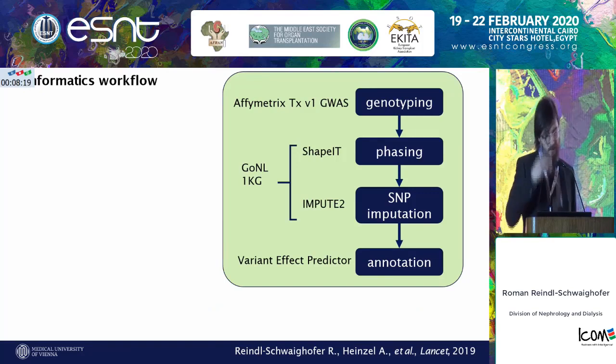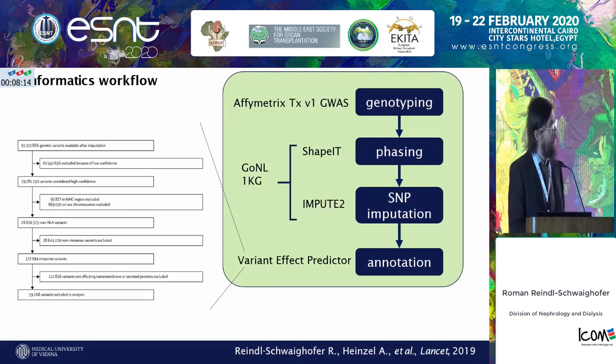We sequenced 500 donor and recipient pairs, and we identified up to 60,000 mismatched variants for this cohort. We excluded all variants in the HLA region, so we specifically focus on the impact of non-HLA polymorphisms.